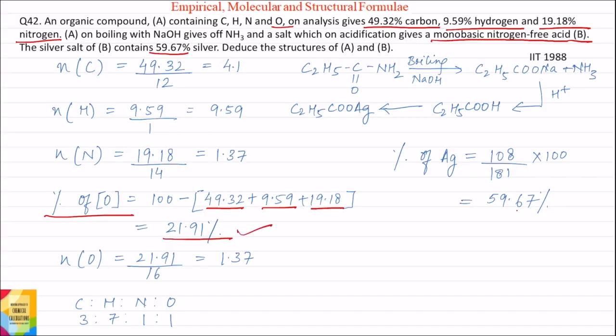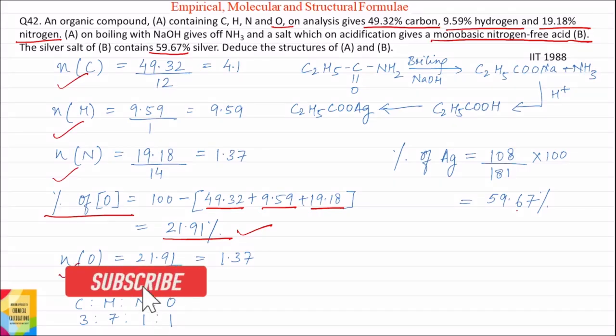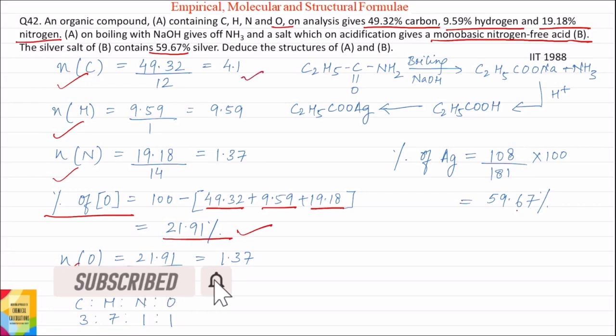The percentage composition of an atom divided by its atomic weight will give the moles of the atom. Using this formula we get the moles of carbon, hydrogen, nitrogen and oxygen: moles of carbon is 4.1, moles of hydrogen is 9.59, moles of nitrogen is 1.37 and moles of oxygen is 1.37.